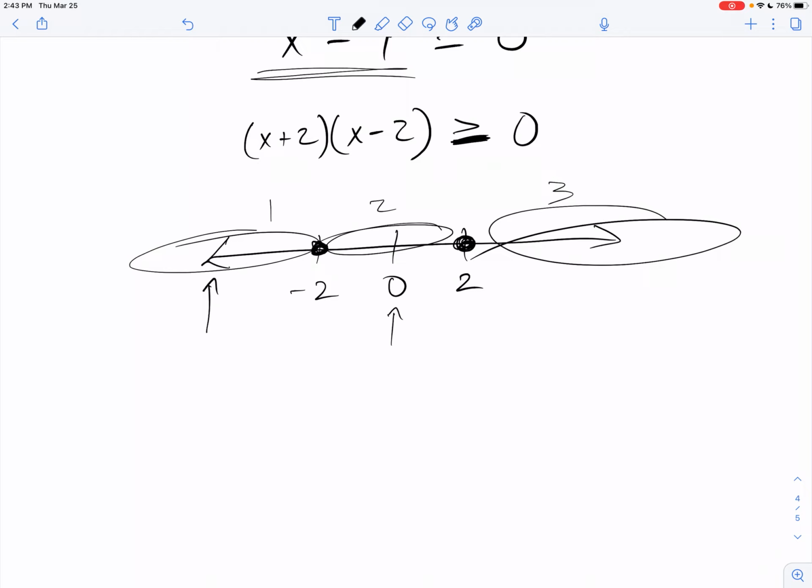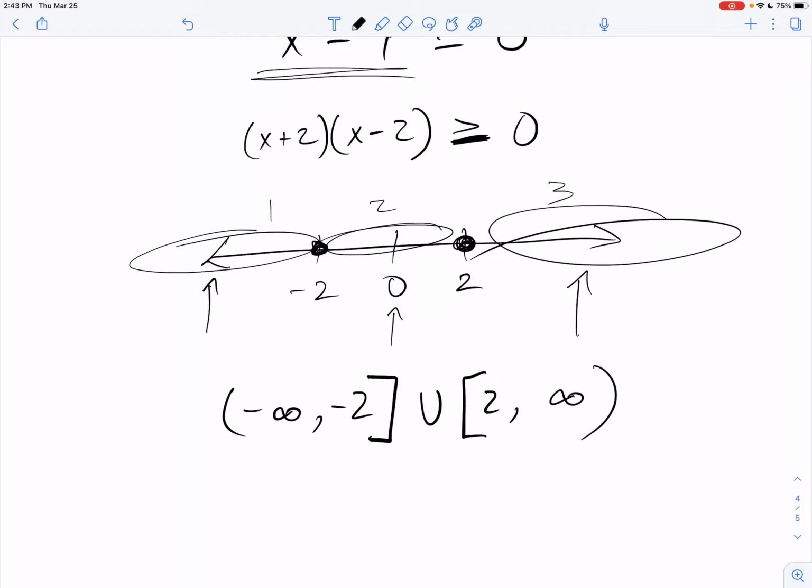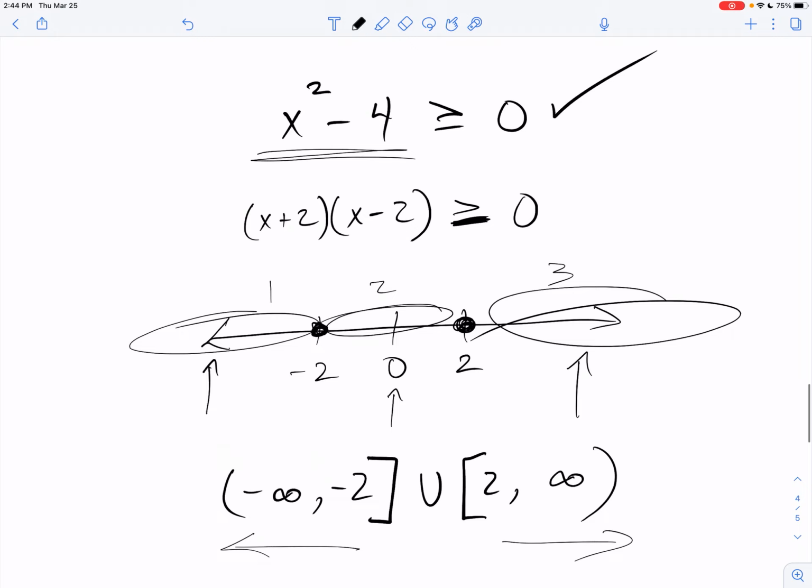I could plug in 0. I could plug in regular 5. And what I'm going to find out is that my answer will be this. If you don't believe me, you can pick some numbers and plug them in for yourself. You will find any number that you pick that is less than -2 or greater than +2 is going to make this original problem valid or true, however you want to say that.